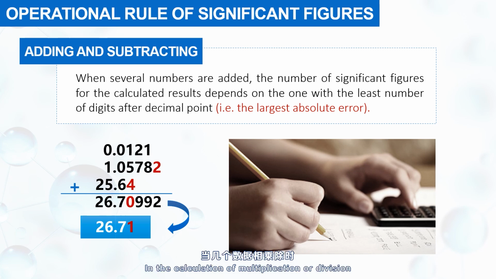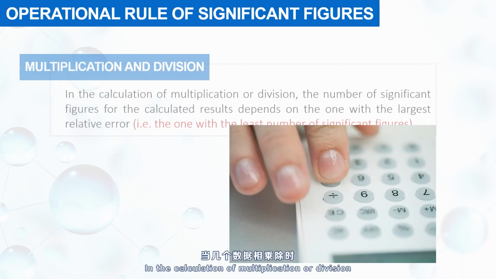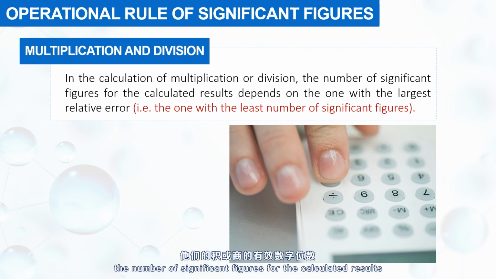26.71. In the calculation of multiplication or division, the number of significant figures for the calculated result depends on the one with the largest relative error. That is, the one with the least number of significant figures.